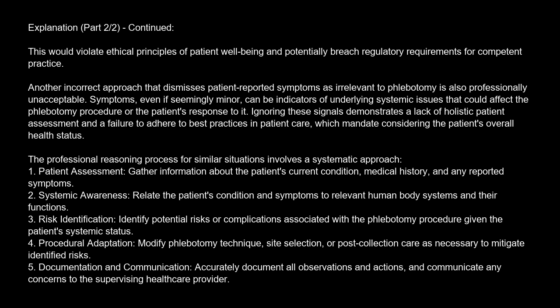Identify potential risks or complications associated with the phlebotomy procedure given the patient's systemic status. 4. Procedural adaptation. Modify phlebotomy technique, site selection, or post-collection care as necessary to mitigate identified risks. 5. Documentation and communication. Accurately document all observations and actions, and communicate any concerns to the supervising healthcare provider.